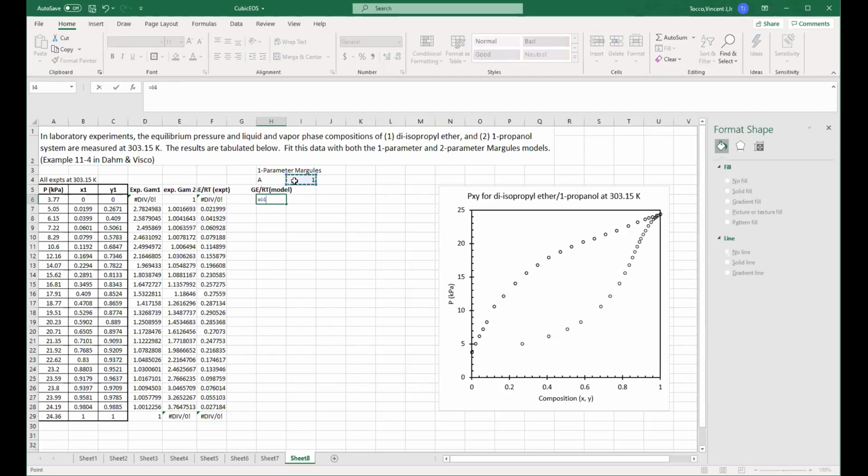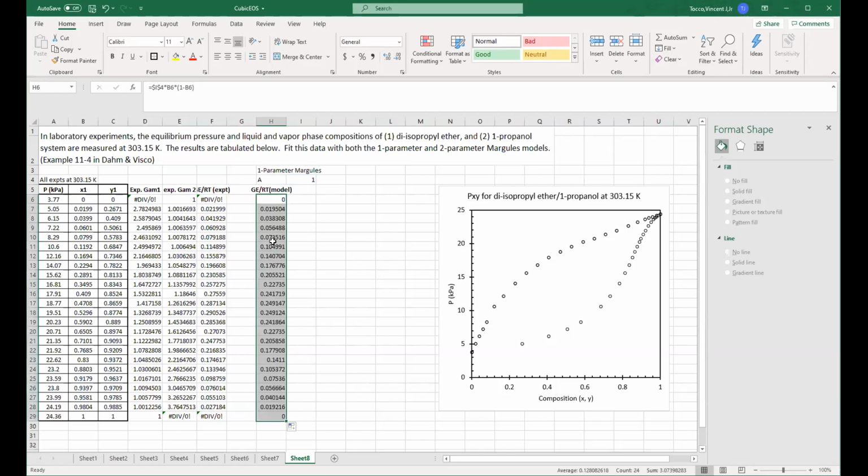So I want to $ sign this one times x1 times 1 minus x1. Okay, not surprising I get a 0. But if I click and drag this all the way down, I am getting somewhat agreement. Okay, so my initial guess was not all that off. All right, I've still got some deviation from model and experiment.